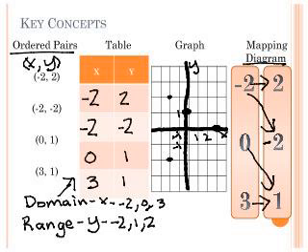One of the things that mapping really helps us see and understand is why things are functions and why certain things aren't functions. In this situation, the numbers and the points that we have here is not a function. And that is because of this problem right here that I've circled for you. You can never have an input that has two outputs.